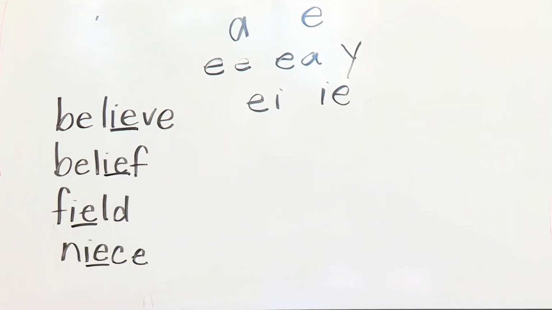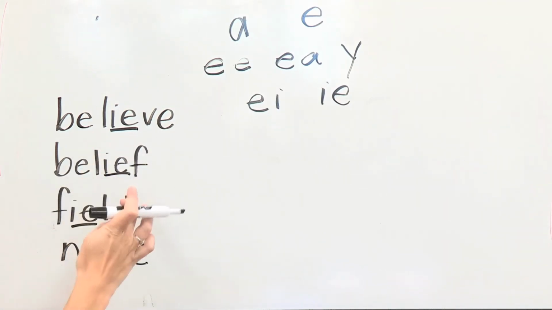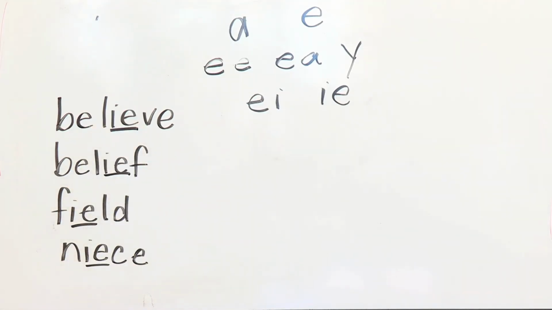They all have the long E sound there, but it's spelled IE. Once again, none of these follow a C, so they just have to practice by looking at them.